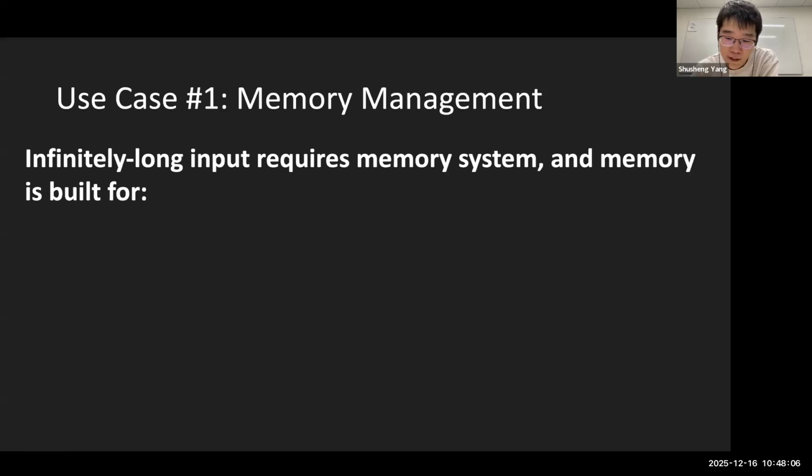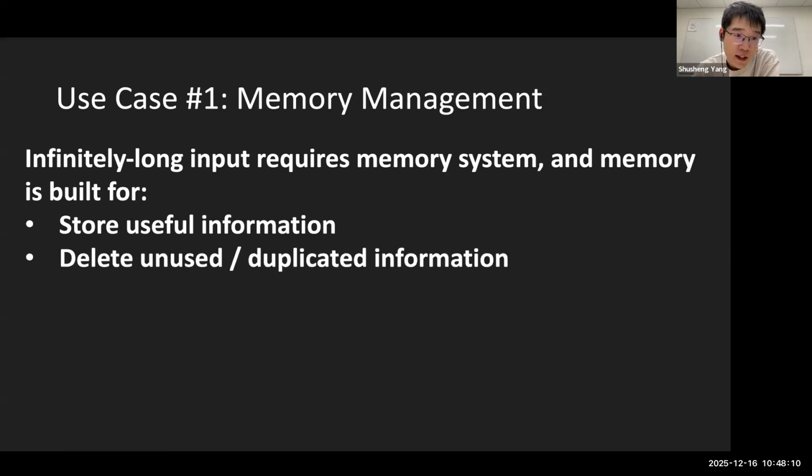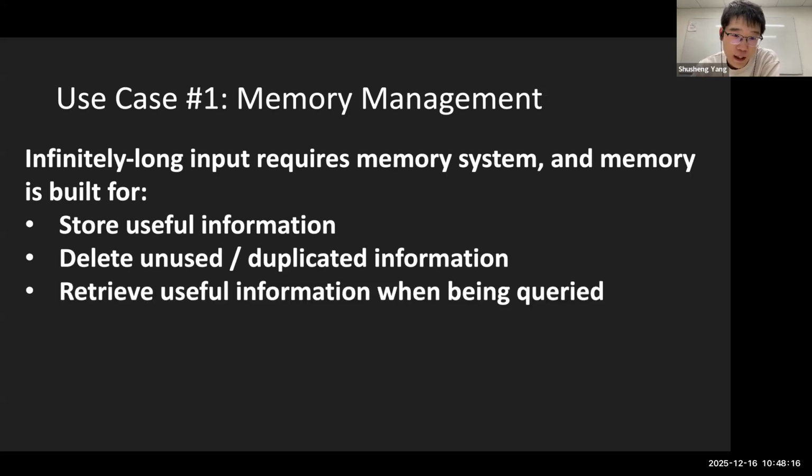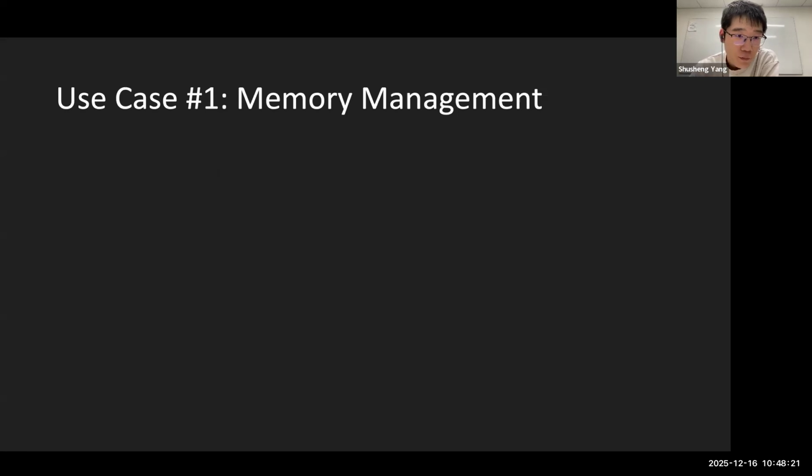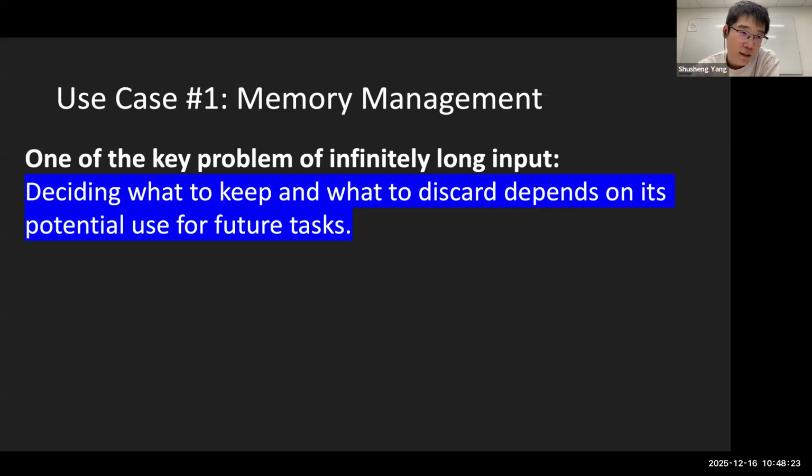And memory is always built to store some useful information, delete or deduplicate unused information, or retrieve some useful information when being queried. So one of the key problems for such a memory system is how to decide what to keep and what to discard.